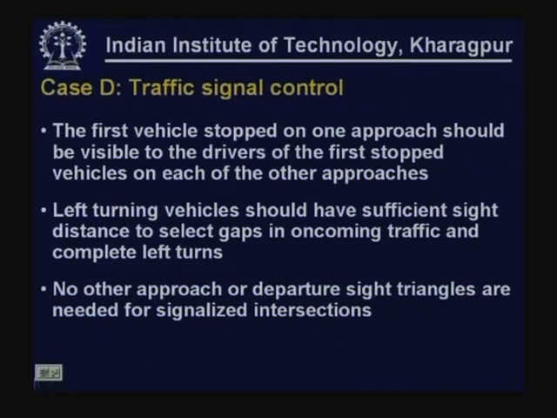In this case, the consideration for side distance is based on the fact that the first vehicle stopped on one approach should be visible to the drivers of the first vehicle stopped on all other approaches.